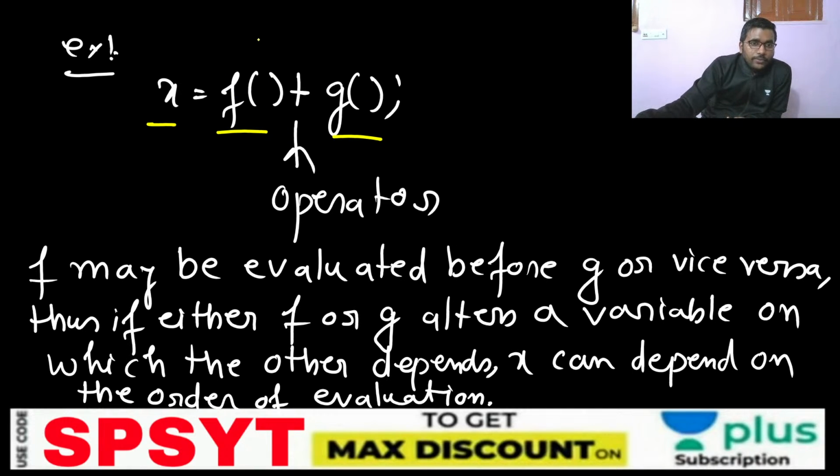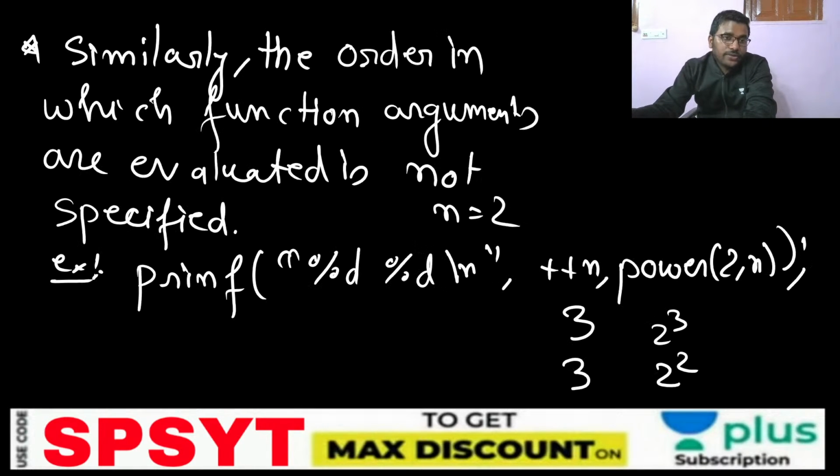If f or g alters a variable on which the other depends, then the result depends upon the order of execution.